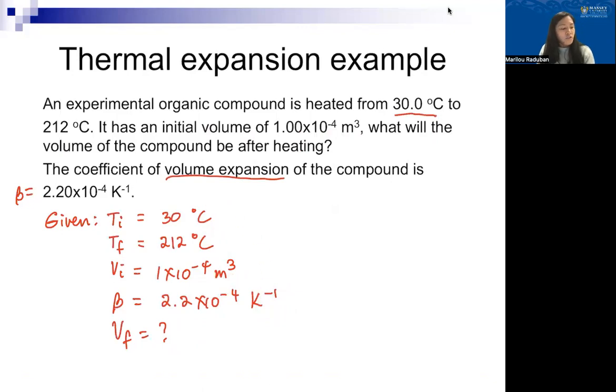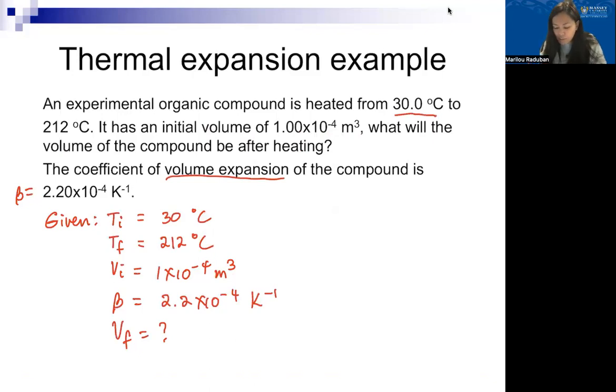Okay, so there are two approaches to the units here. You can either convert this 30 degrees Celsius to Kelvin. So you can add 273 to the degrees Celsius temperatures. I'm just getting my calculator.